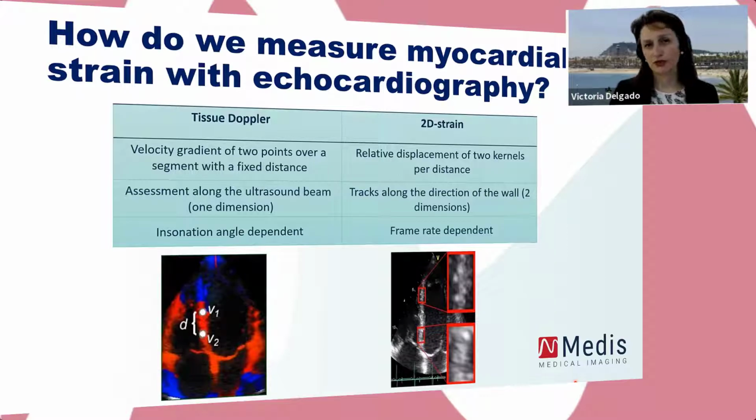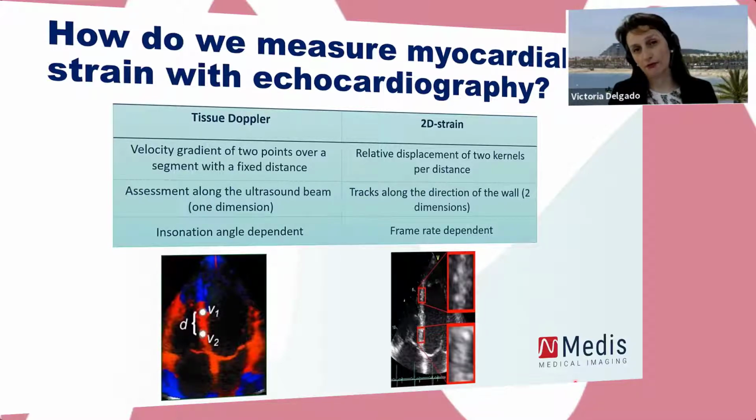In contrast, two-dimensional strain measures the relative displacement of two kernels, 2 points of the myocardium along that distance, and tracks those fingerprints or those two kernels along the direction of the wall, and therefore is completely angle independent.